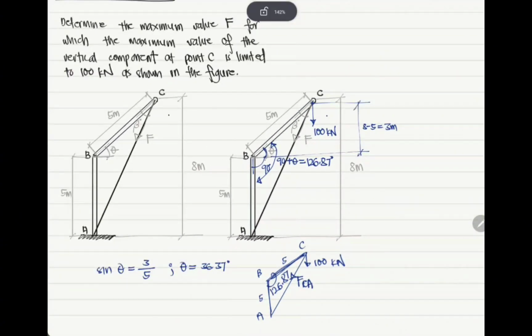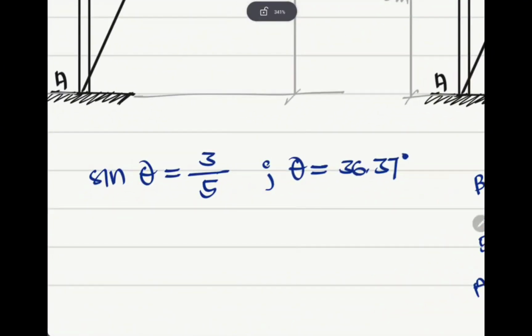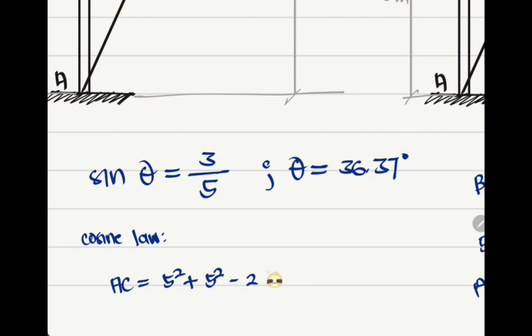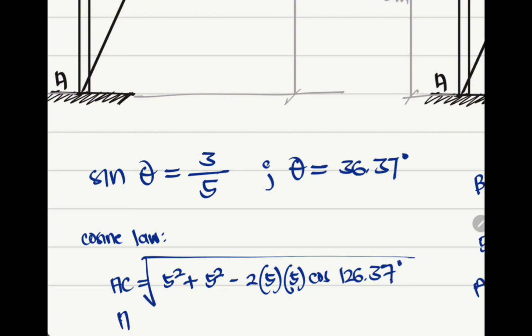What is the distance from point A to point C? We solve it using the cosine law. AC is equal to the square root of 5 squared plus 5 squared minus 2 times 5 times 5 times cosine of 126.87 degrees.